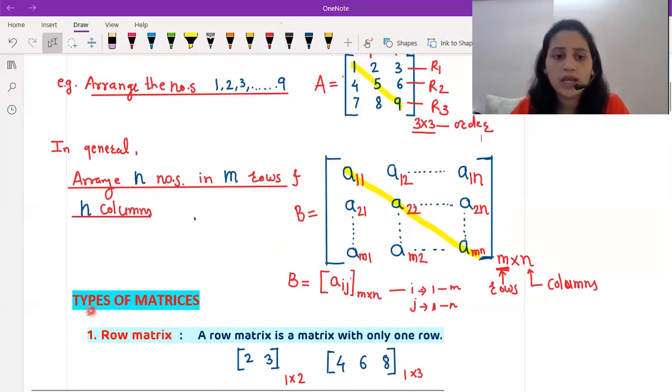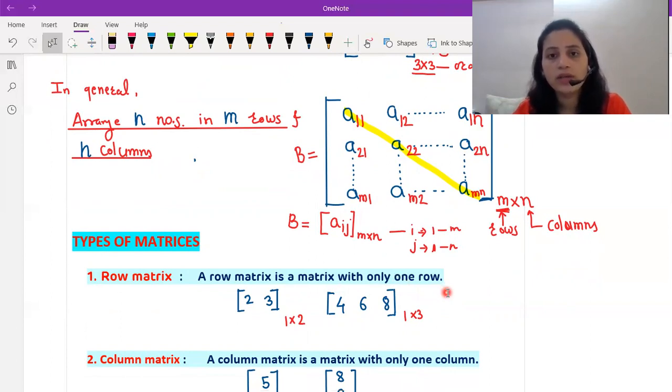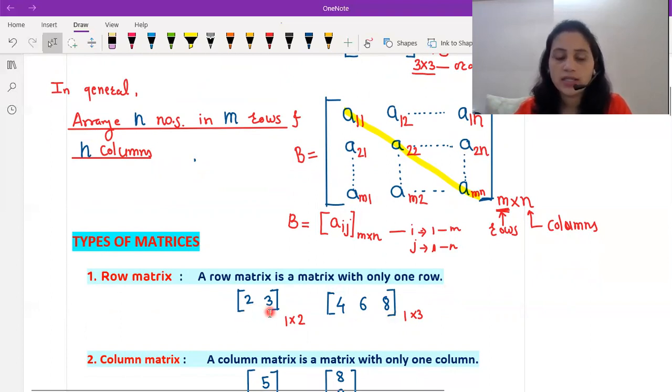Now we move towards the types of matrices. There are so many types of matrices. The first is the row matrix. A row matrix is a matrix with only one row. Here this is my matrix 2, 3.